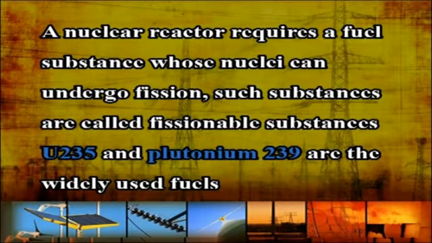A nuclear reactor requires a fuel substance whose nuclei can undergo fission. Such substances are called fissionable substances. U-235 and plutonium-239 are the widely used fuels.